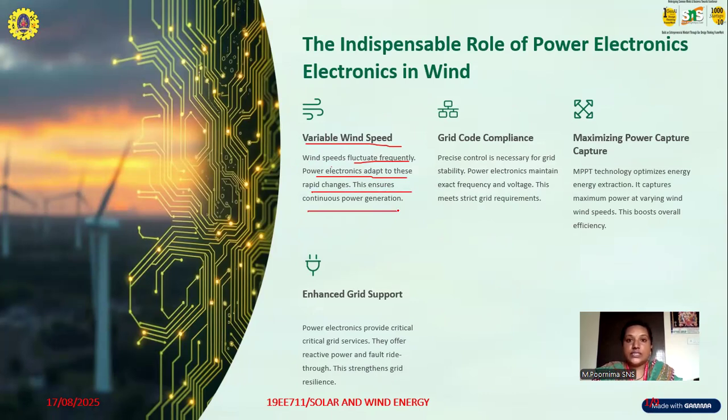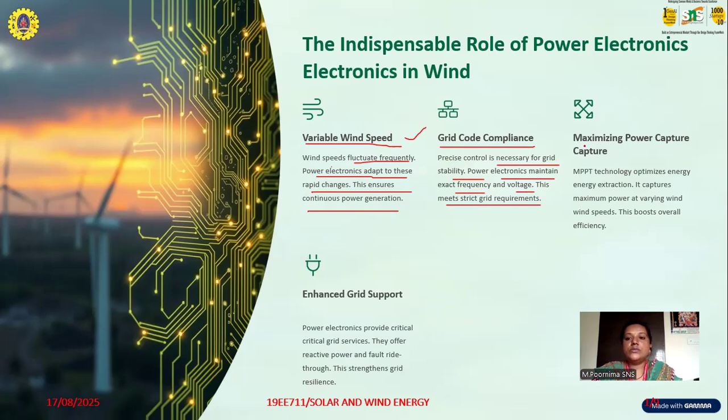This ensures continuous power generation. Next is grid code compliance. Precise control is necessary for grid stability, and power electronics maintain exact frequency and voltage. Frequency matching is very important for grid connection, and this meets strict grid requirements.